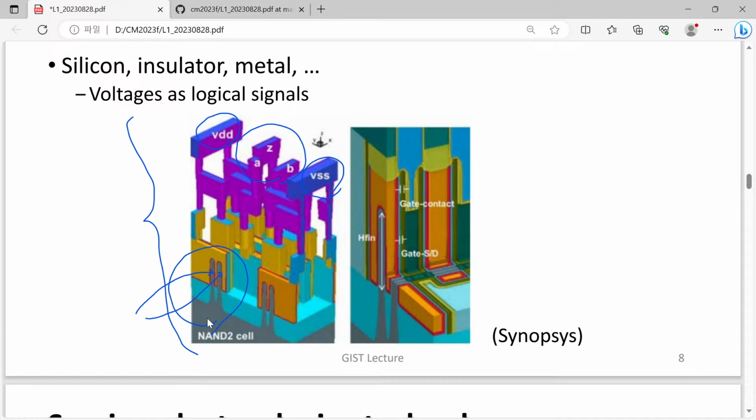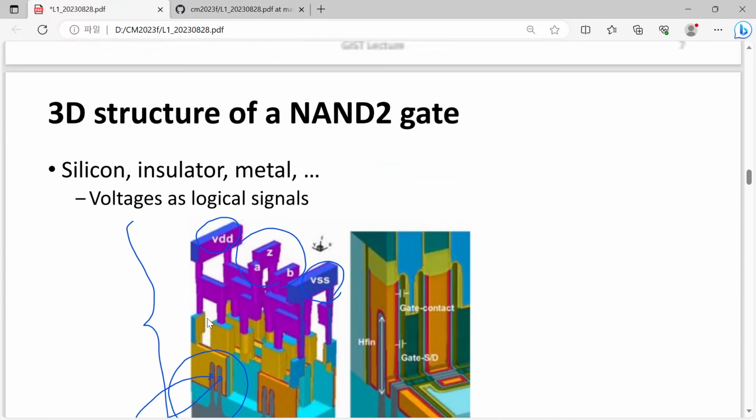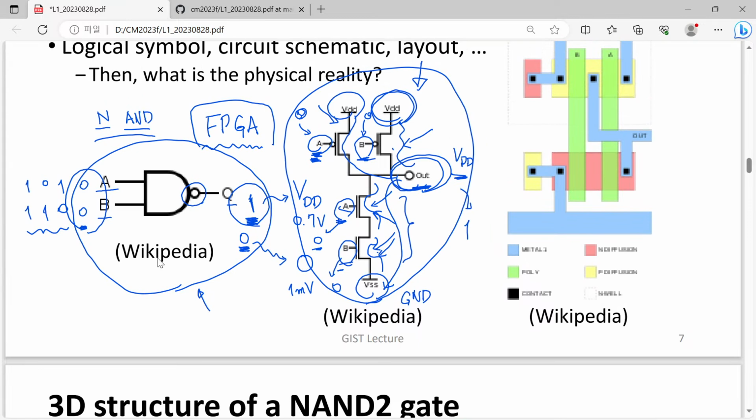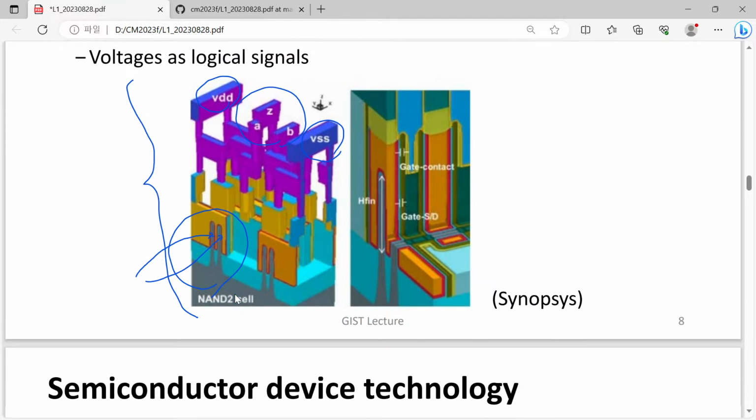So anyway, we have to make many different inner structures to realize a really simple logical function, NAND. So in order to realize a simple NAND, actually we have to make this one.